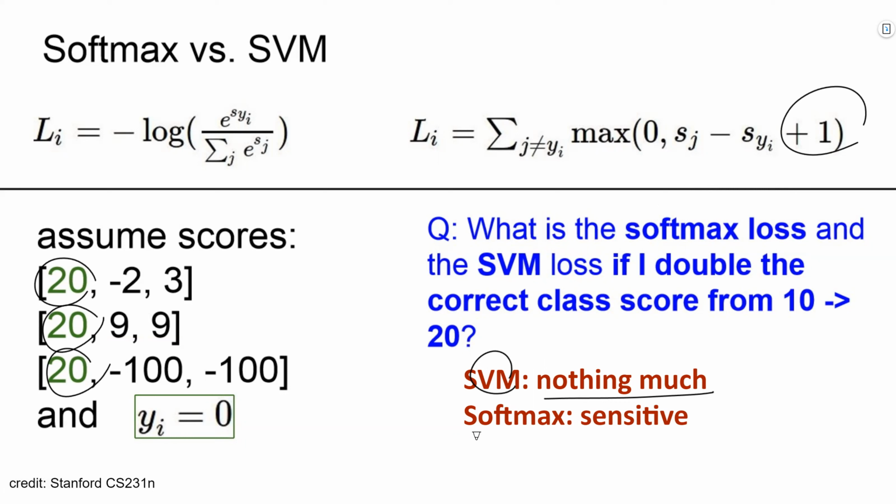However, in the case of softmax, it changes sensitively because softmax is not satisfied at all until the probability of the correct class becomes 1. And this is very hard to achieve. Therefore, softmax loss rarely becomes 0. However, we can make SVM loss 0 quite easily compared to softmax.